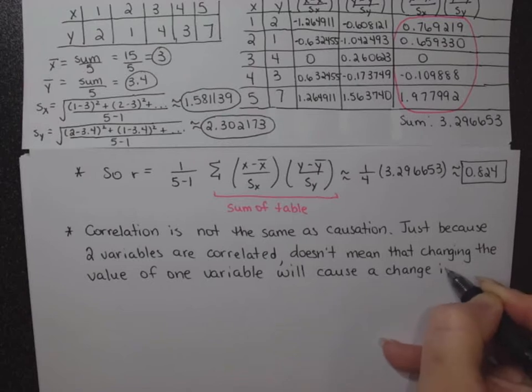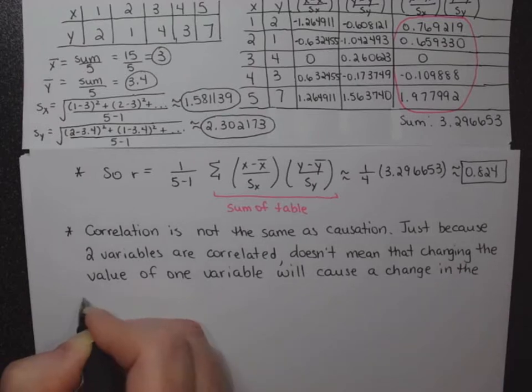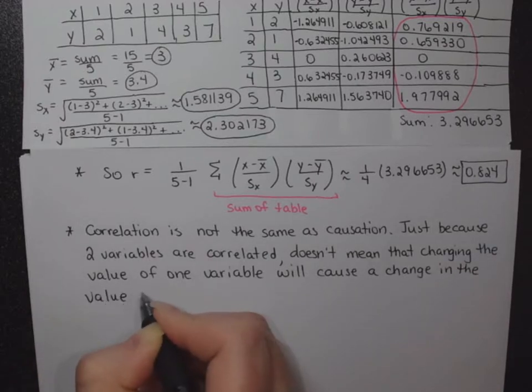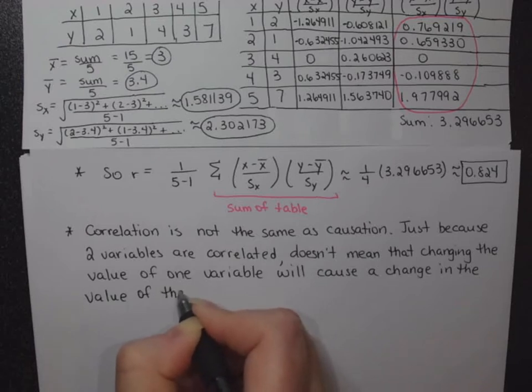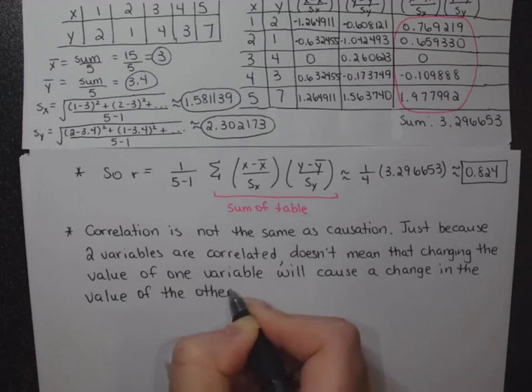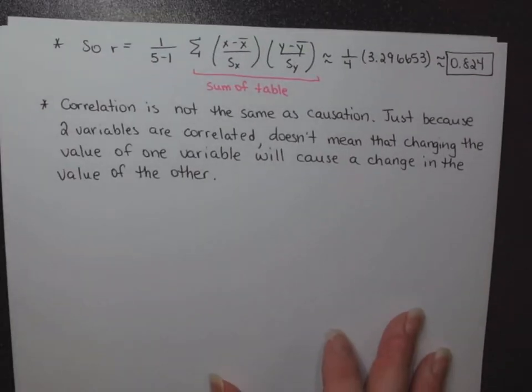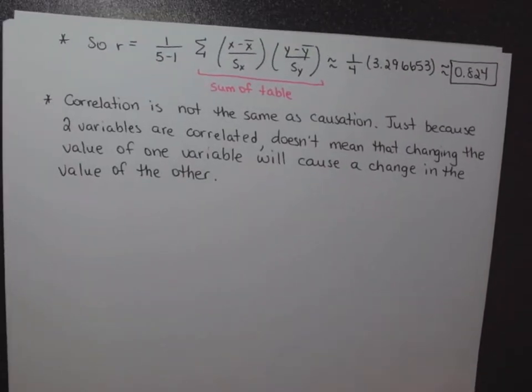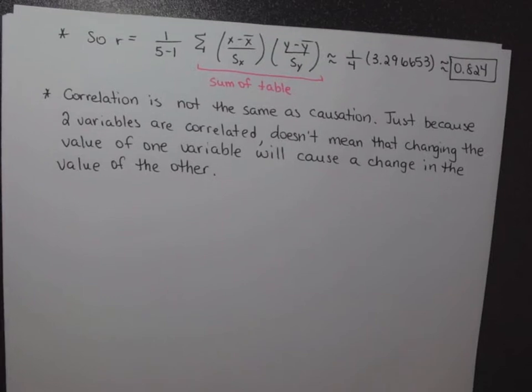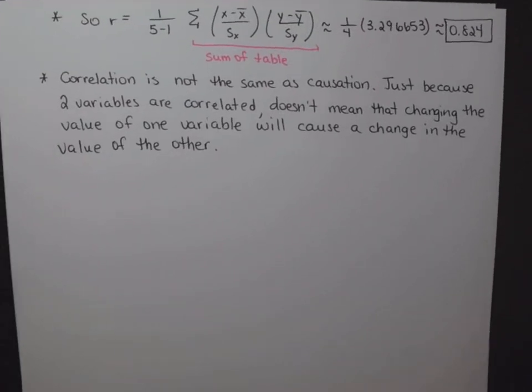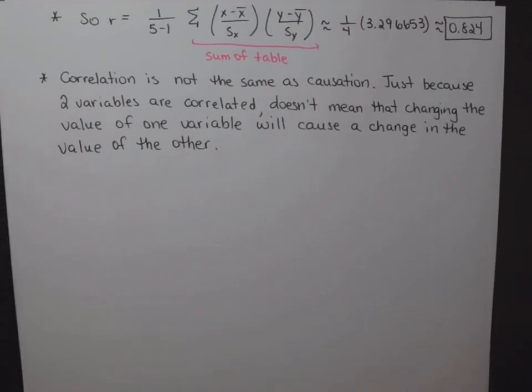Okay, sometimes they do have some sort of cause to each other, but we can't make that assumption. So it's kind of a nitpicky thing, but it's kind of important that you understand it. Just because they seem to change together does not mean that one caused the change to the other, and that's an important distinction.